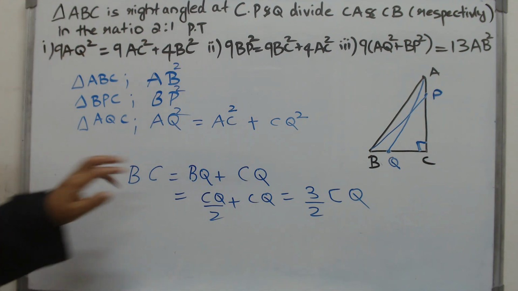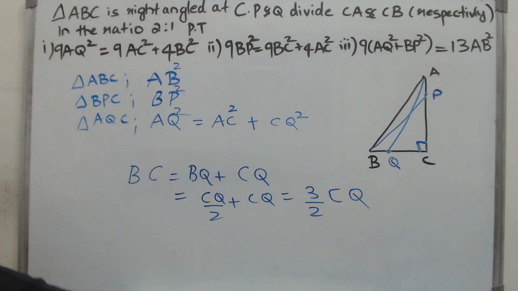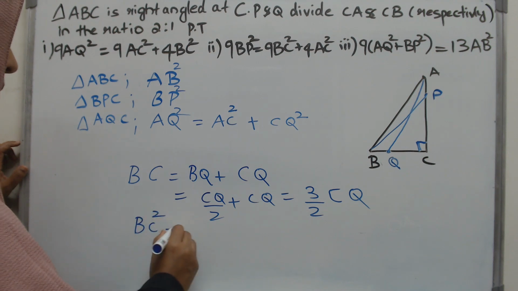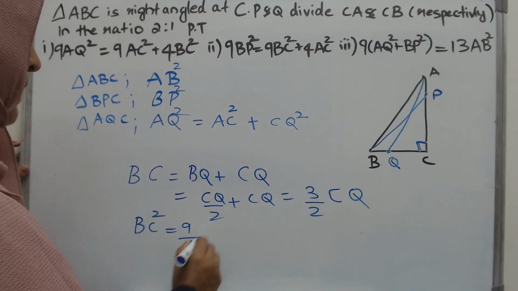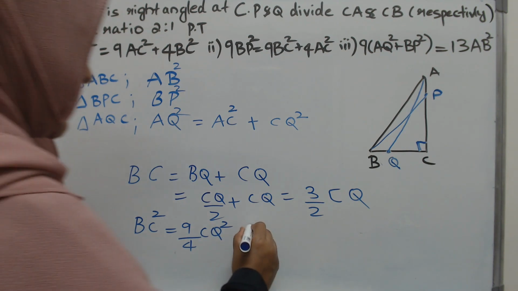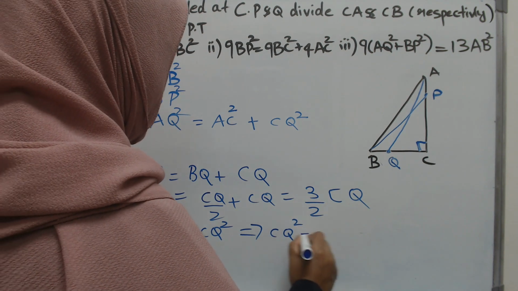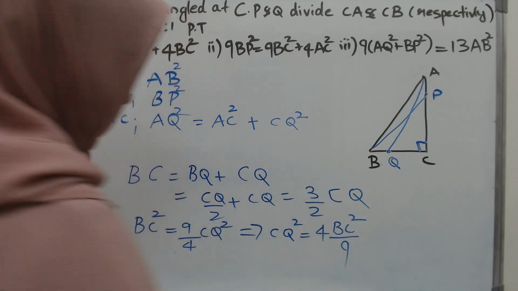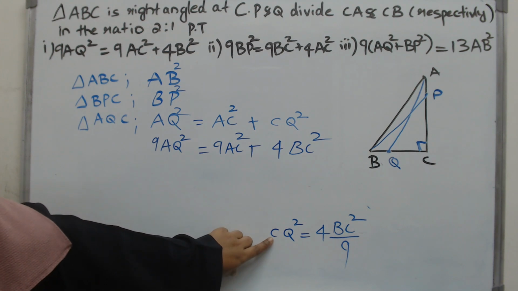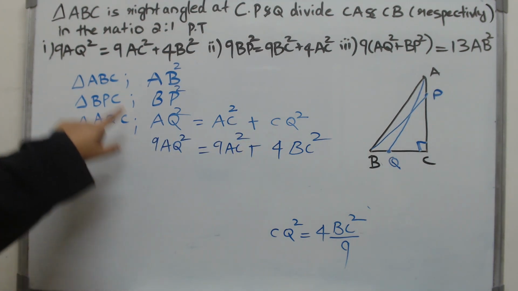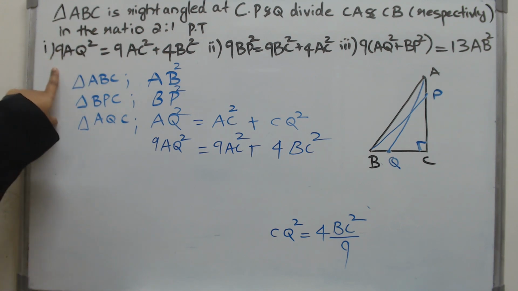But we are dealing with its square, so BC square is equal to 9 by 4 CQ square, which means CQ square is equal to 4BC square by 9. Put it here and multiply throughout by 9. We have got our first result.